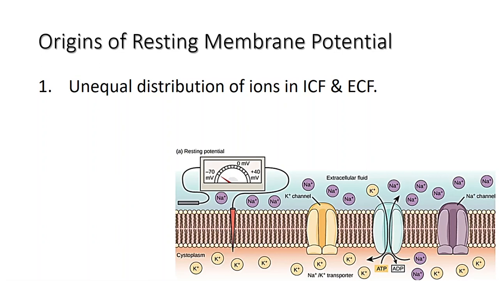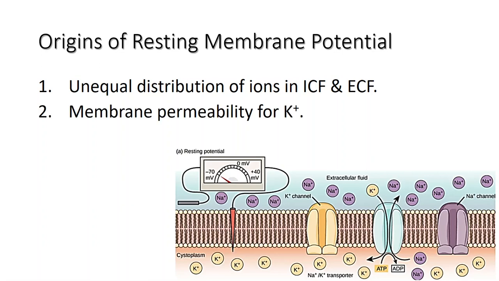Secondly, the plasma membrane typically has more potassium ion leak channels than sodium ion leak channels. Hence, the number of potassium ions that diffuse out of the cell into the ECF is greater than the number of sodium ions that diffuse from the ECF into the cell.